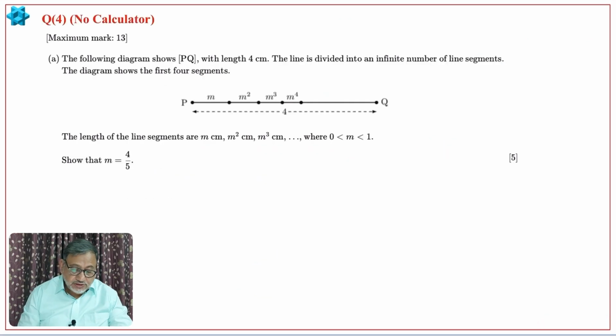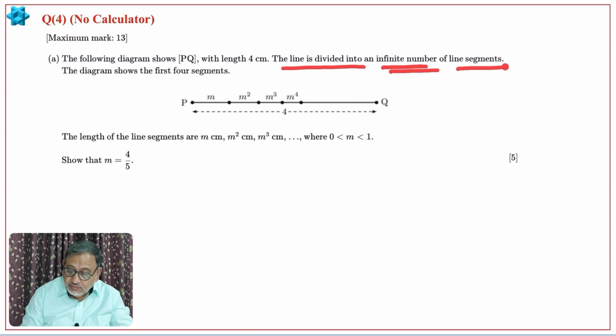So in this question, next question, question number 4, see, it says the following diagram shows the line segment PQ with length 4. The total length of this line segment is 4 centimeter. The line is divided into an infinite number of line segments. The diagram shows the first 4 segments, okay, m, m square, m cube, m4 and so on.